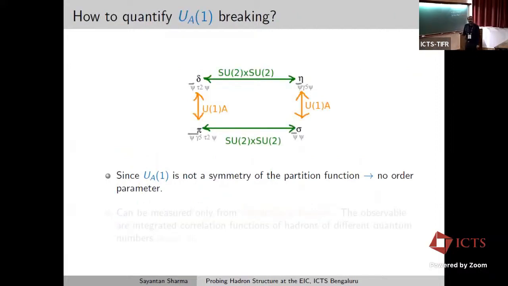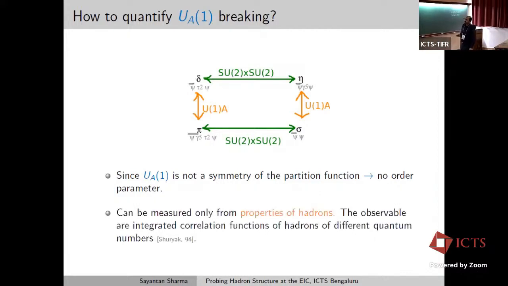Now, as I mentioned, UA1 is not a symmetry. So in conventional phase transitions, there are no order parameters corresponding to these approximate symmetries. And so what one does is look at this UA1 breaking or restoration by looking at hadronic correlators.